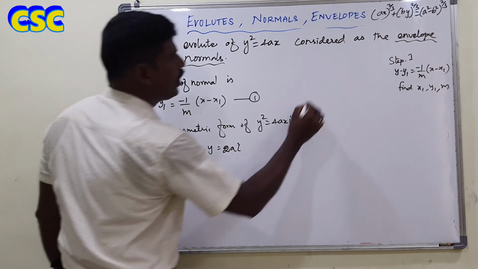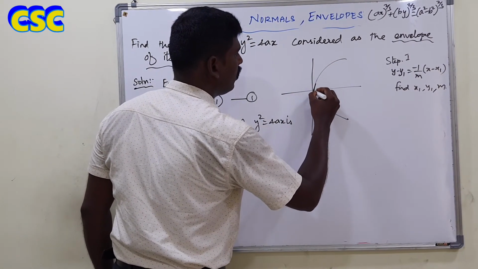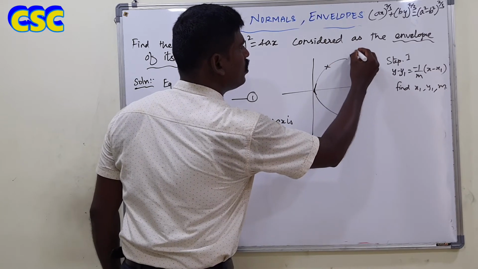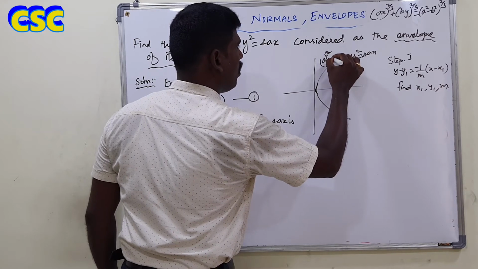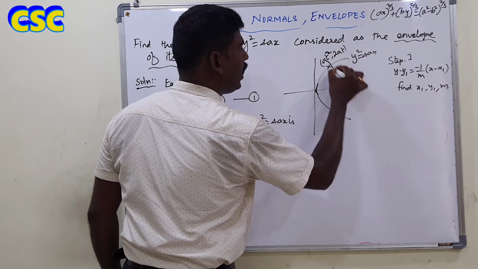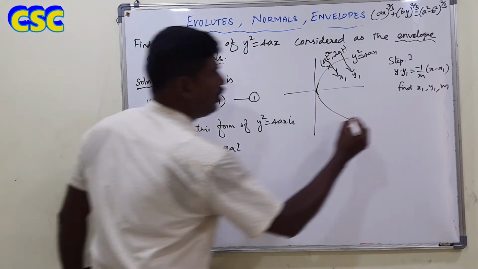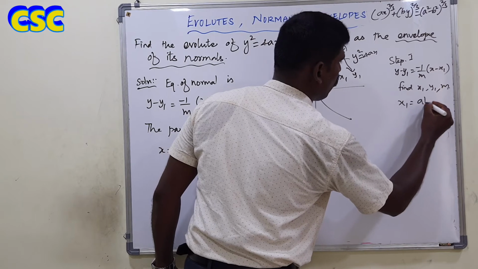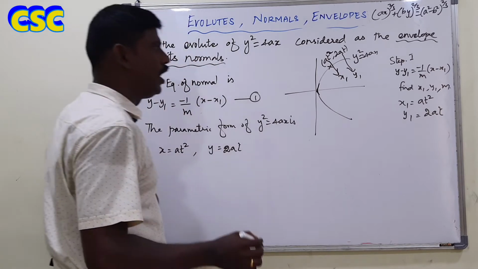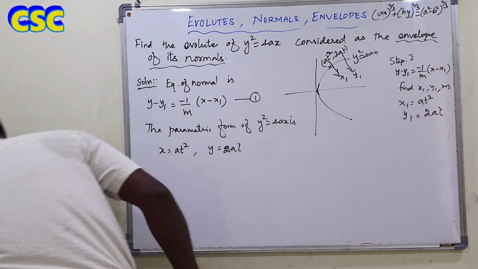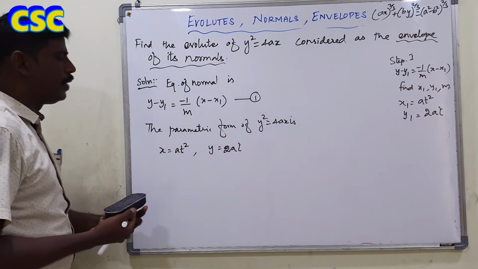So any point on the curve y square is equal to 4ax is in the form of (at square, 2at). I am taking this point as x1 and y1. So x1 is equal to at square and y1 equal to 2at. The only unknown I need to find is m. So now I am going to find m through this parametric form.